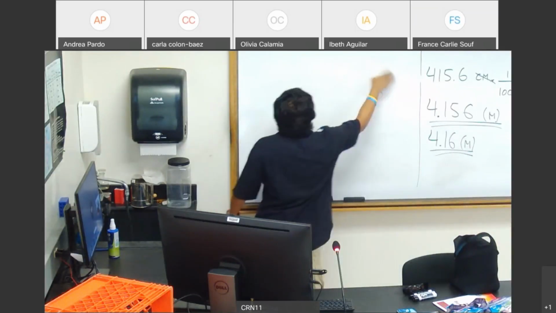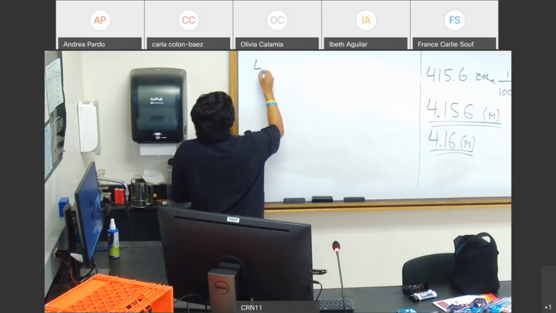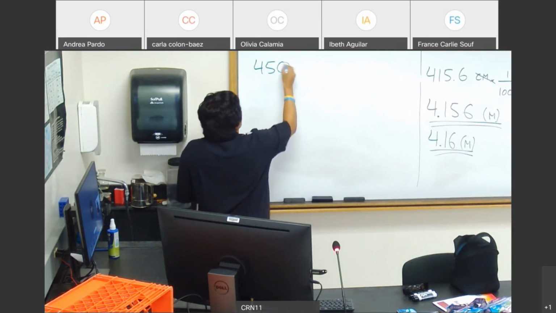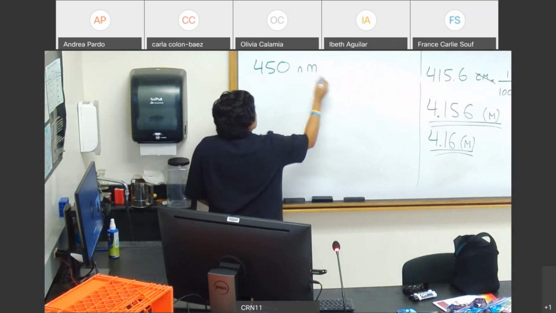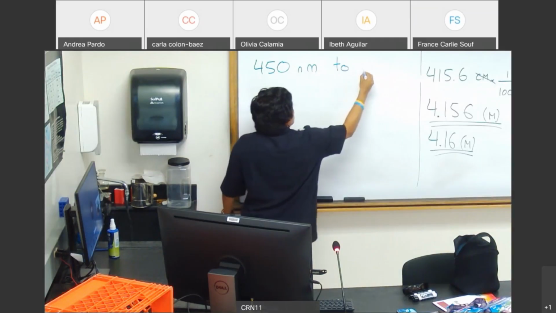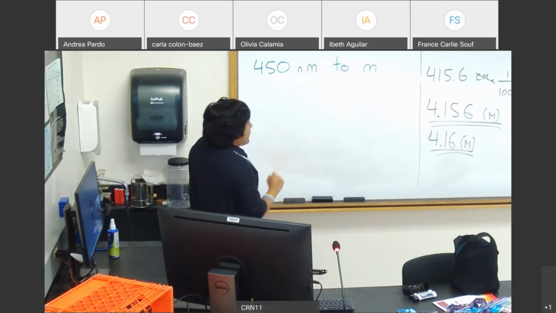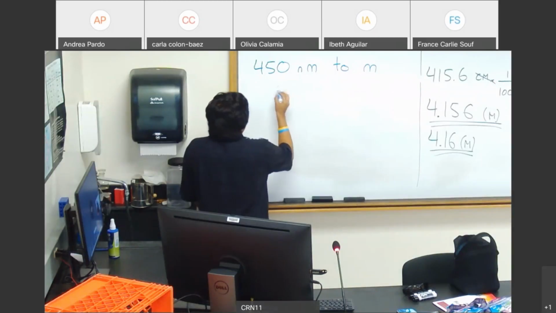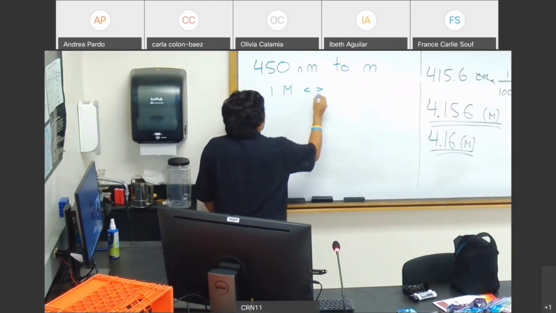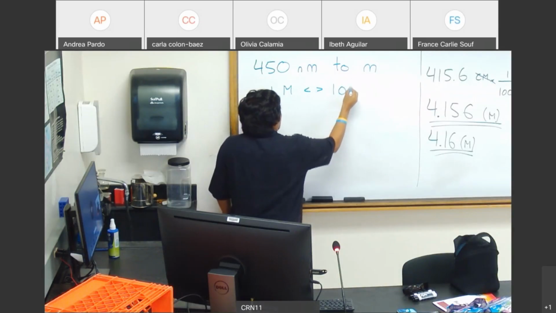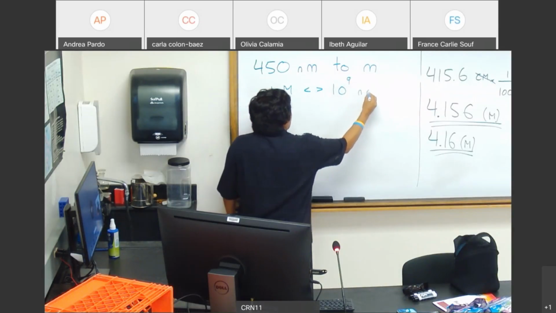450 nanometers to meters. This is what you need to remember or to check. 1 meter is equivalent to 10 to the power of 9 nanometers.